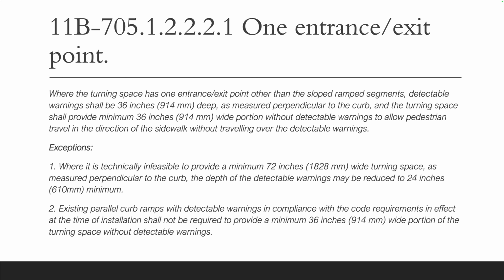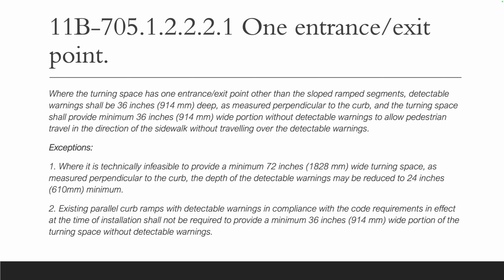And then on top of that, we need another 36-inch section that's clear, so it's got no detectable warnings in it, so that someone on either end of the walkway can avoid the detectable warning surface, because those bumps, those truncated domes, I don't know if you've noticed, but mobility devices don't really have good suspension, or they might not have suspension at all. So when you roll over those, the sharp bumps can really, really hurt, especially if you have back problems. So this section is trying to avoid that problem.